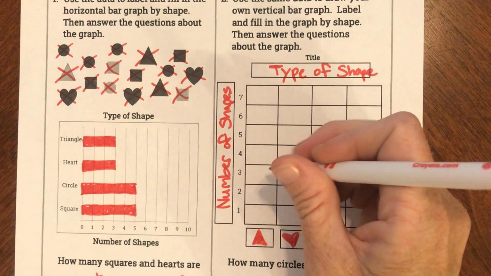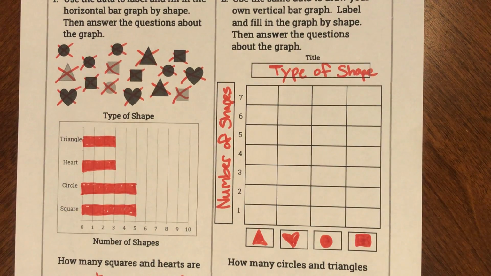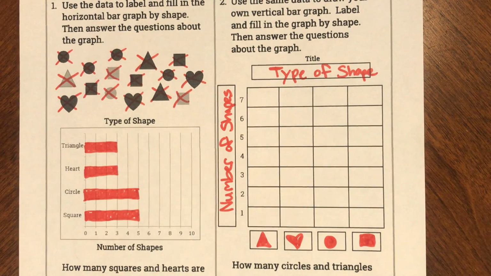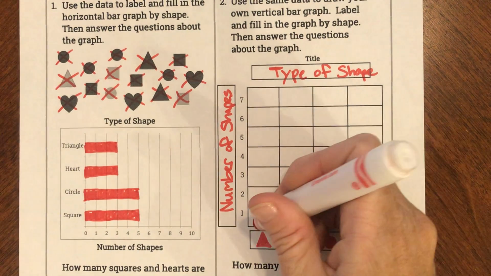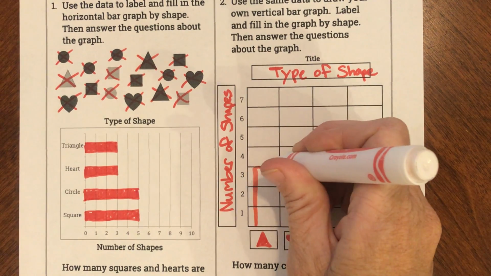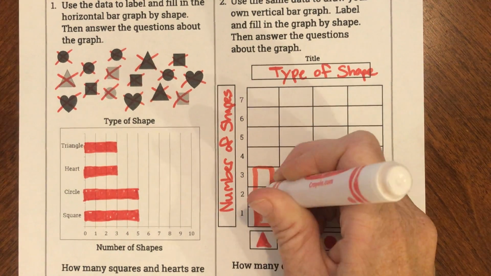So I could color in that entire thing if I'd like. I might need a bigger marker if I choose to do that. Sometimes the bars don't touch and sometimes they do. So I could choose to color that all the way in. I might just grab a bigger marker. I'm going to go up to the 3 for my triangle.